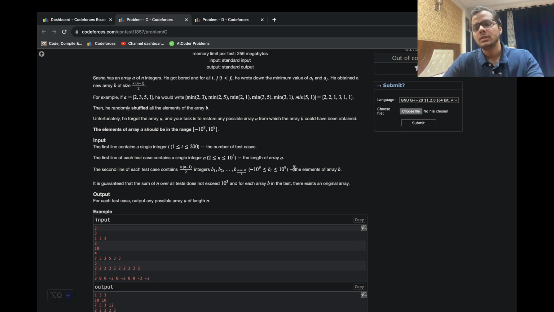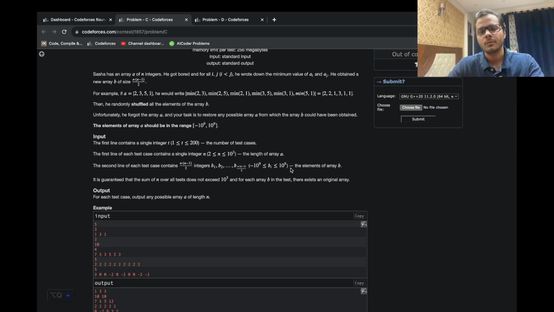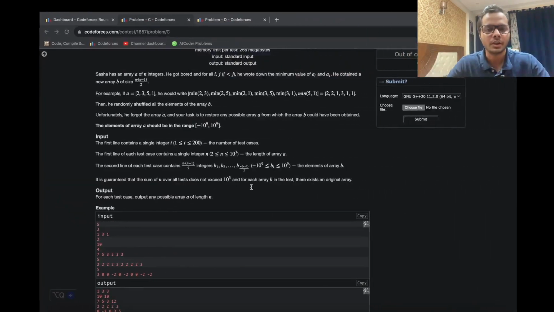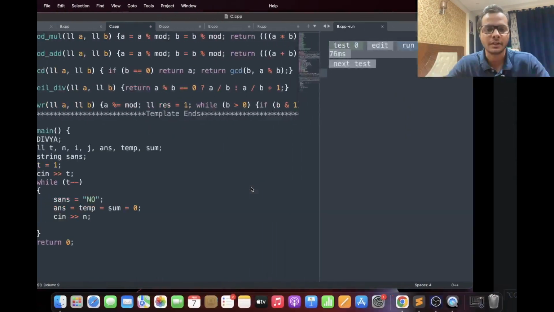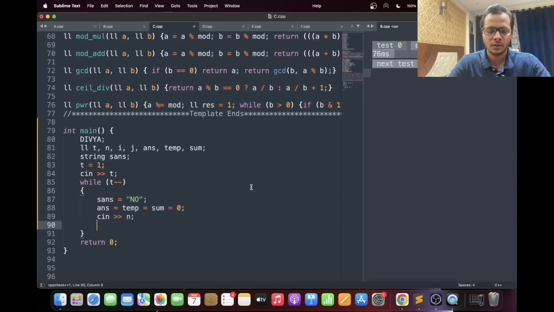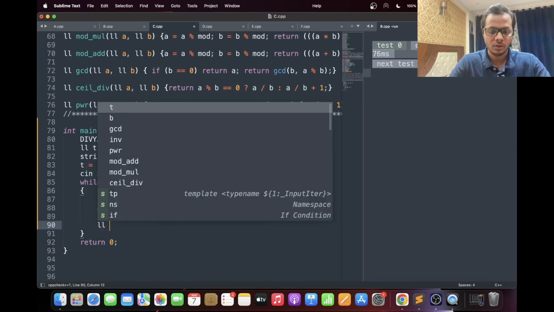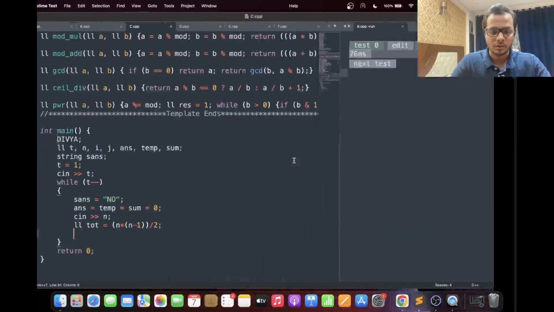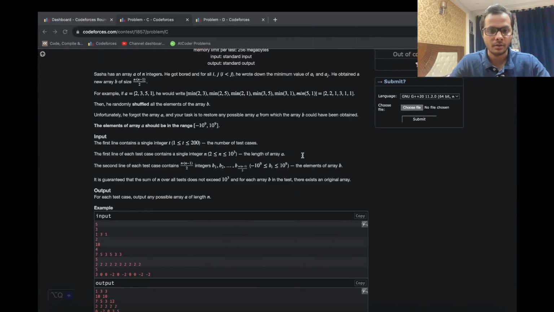Yeah, so basically that's what we can do. Let's just simulate the process. We already know what the counts are and what the required counts should be, so let's just do that. The number would be n into n minus 1 upon 2, and let's maintain a map or something.